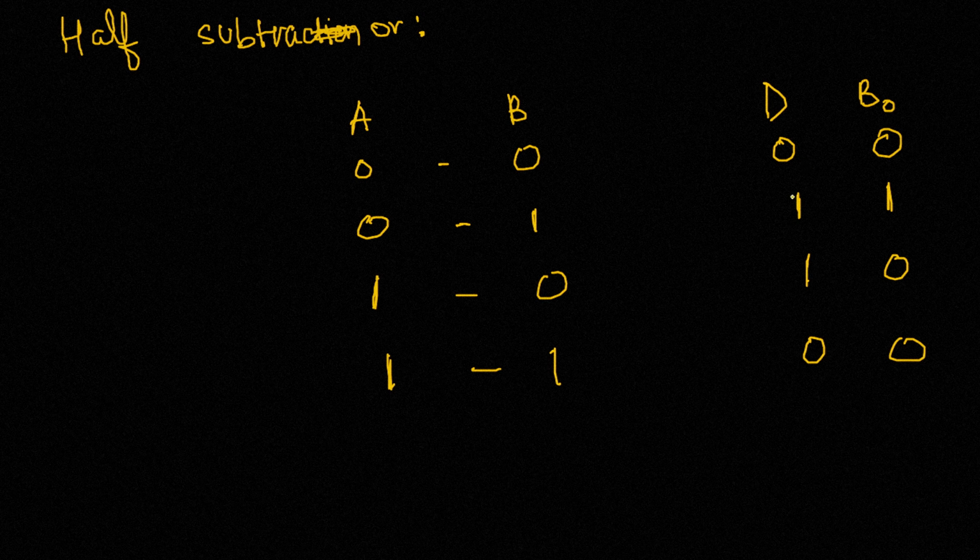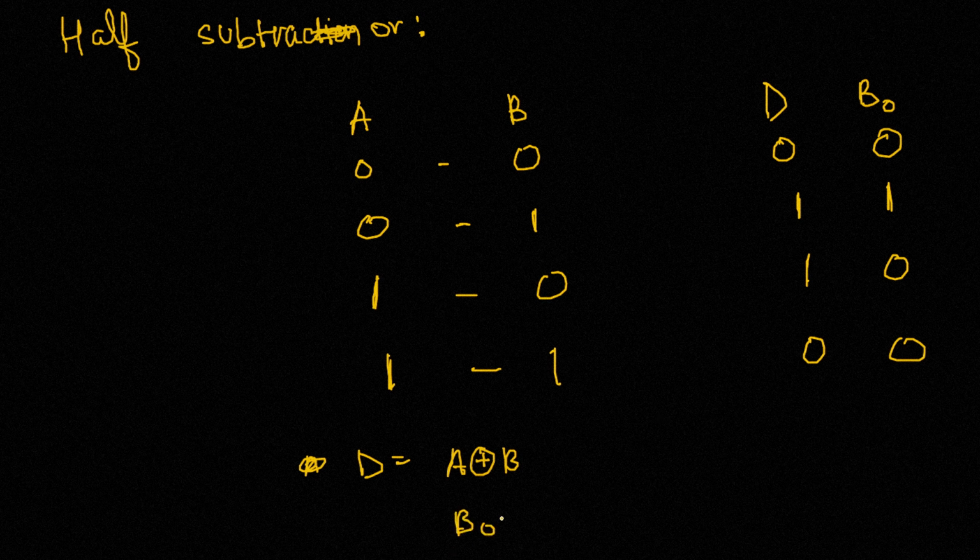So like you can see, this is the expression for the difference. Like I mentioned in the adder, this is the truth table for an XOR gate. So D is equal to A XOR B. And for borrow, you can see that it's just A into B complement.